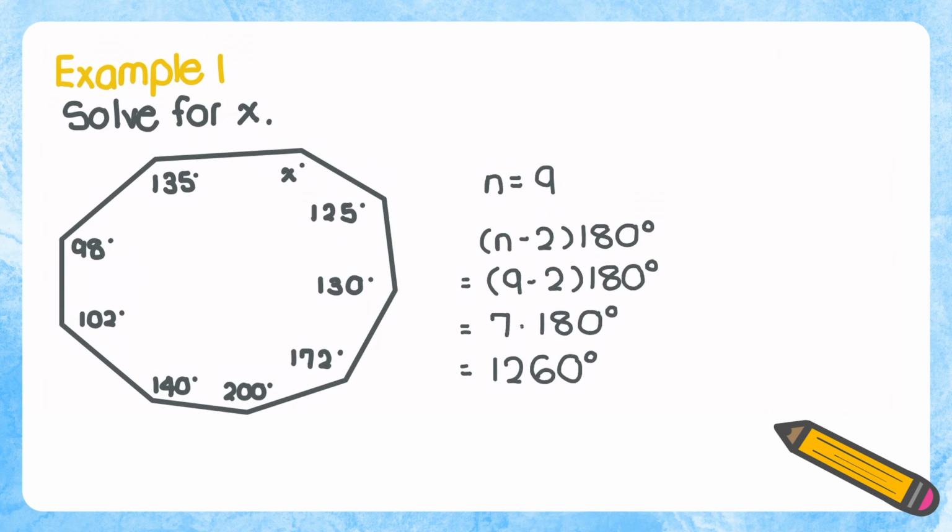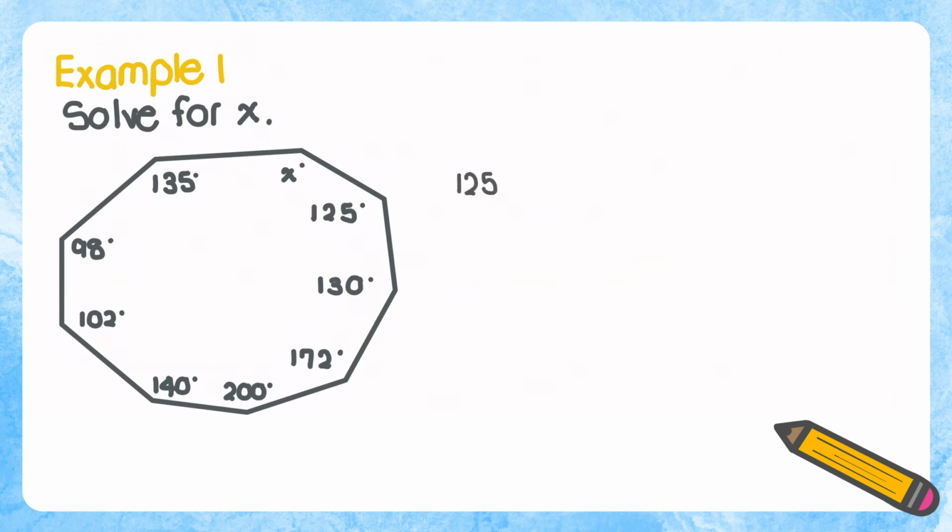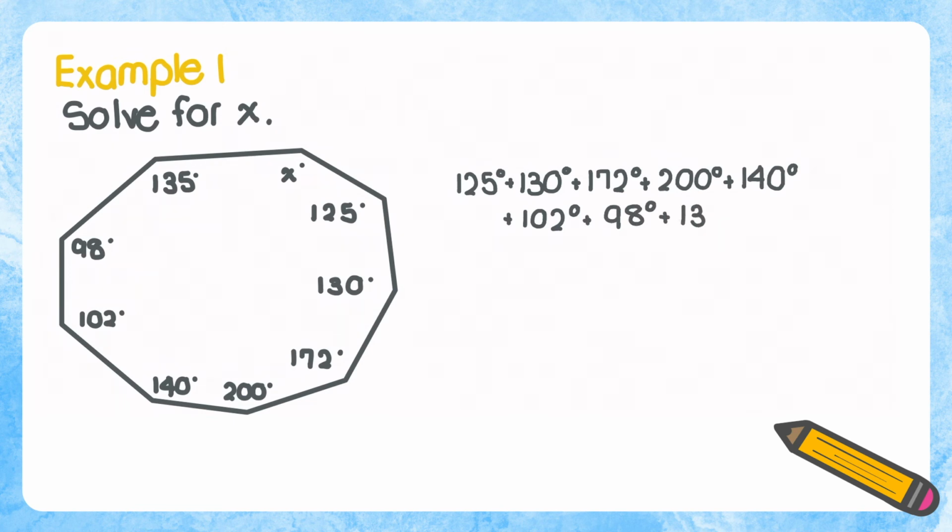Now let's solve for x. We can solve for x by adding all 9 angles together and then setting it equal to 1,260 degrees. Make sure you're correctly writing down each angle measure. I would recommend double checking after you write it down. And next, let's simplify this equation by adding up the angle measures. Feel free to use a calculator.